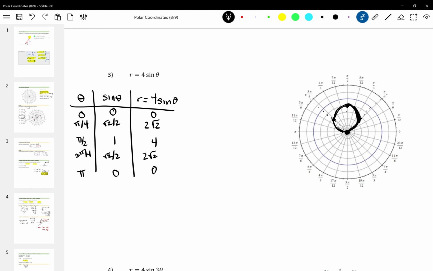Naturally, another way to go about this is to write the equivalent equation in rectangular coordinates, and that would help verify that, yes, this indeed is a circle.